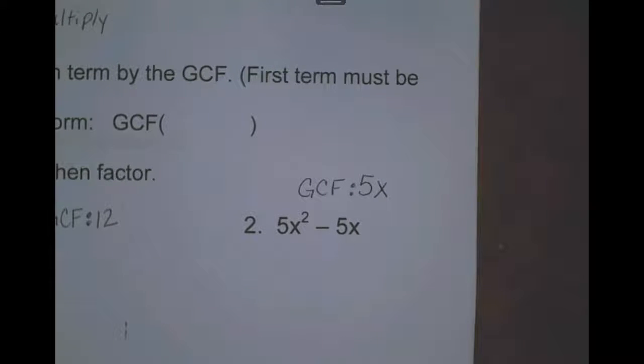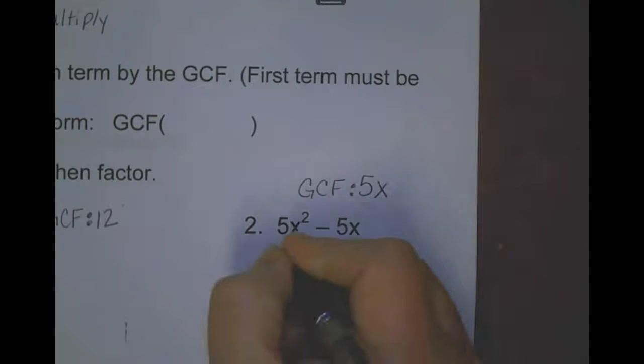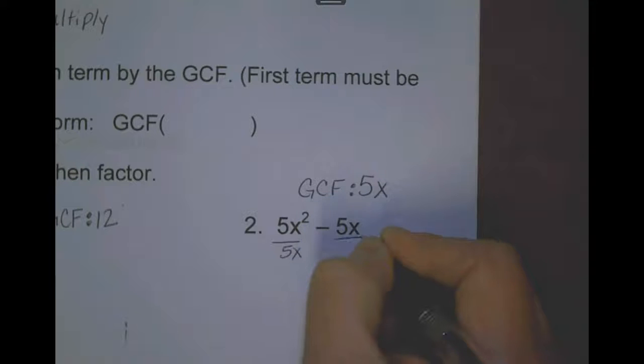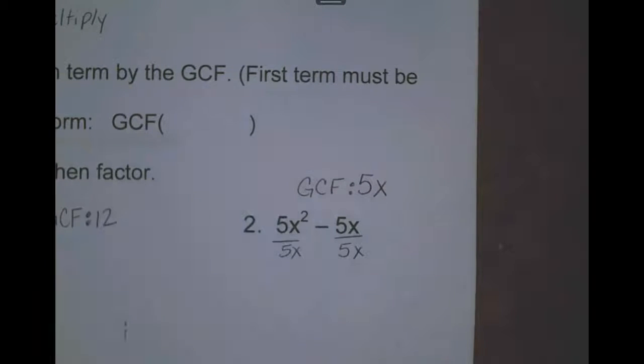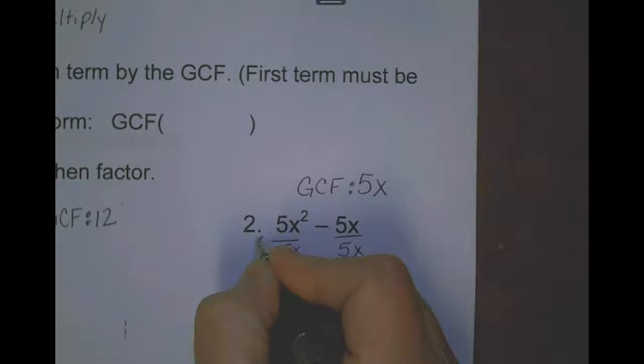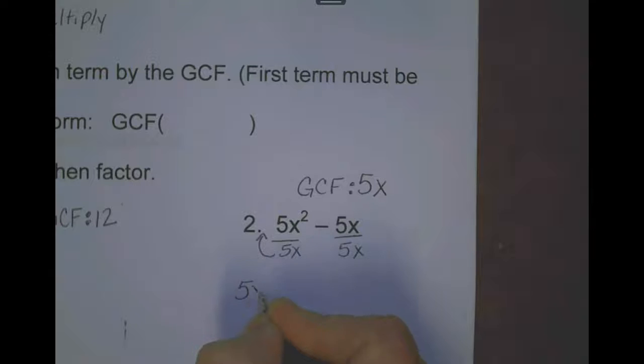Now what I'm going to do with that GCF is factor that 5x out. I'm going to divide both sides by the 5x, but I don't have another side of the equal sign to divide it out on both sides. It's not an equation. I can't divide it out and cancel it out. I have to pull it out in front.